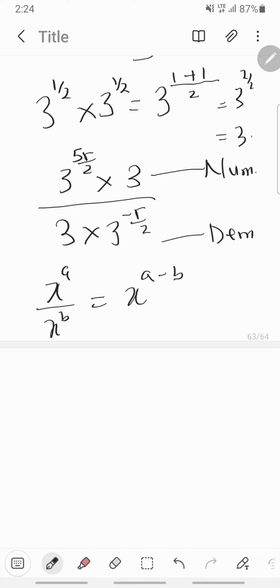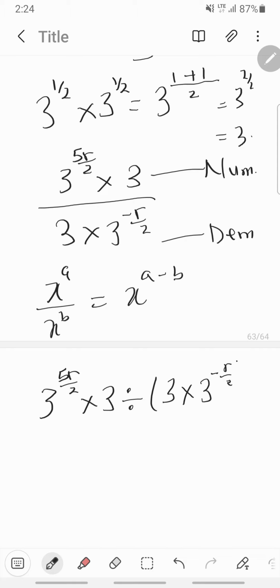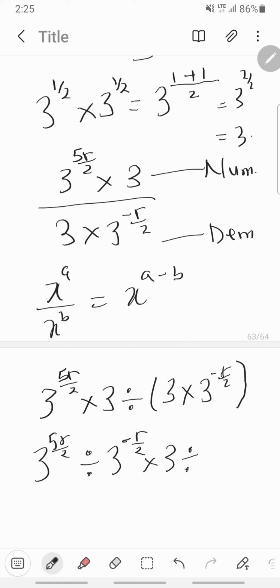So we are doing that: 3 raised to 5r over 2 times 3, divided by 3 times 3 raised to the power minus r over 2. So we have 3 raised to the power 5r over 2 divided by 3 raised to the power minus r over 2, times 3 divided by 3.